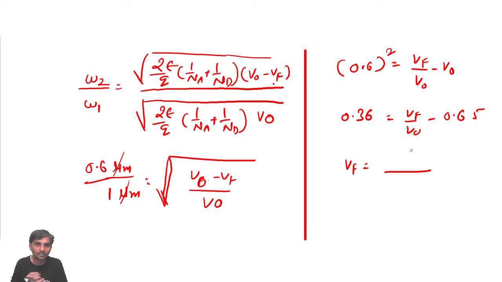Overall the square root is cancelled. If you square it, then only the square root will be cancelled. So square it on both sides.